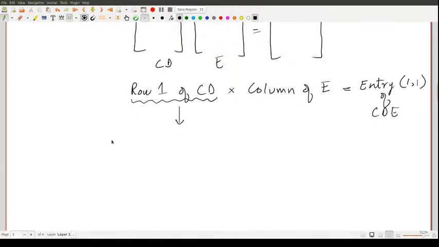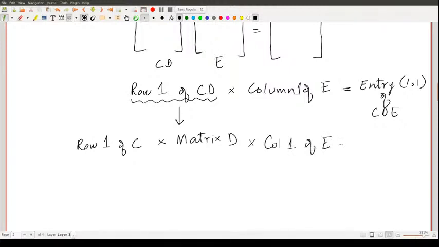That's just given by row 1 of C multiplied by matrix D, and then times column 1 of E, and that gives me entry 1, 1 of CDE. Okay.